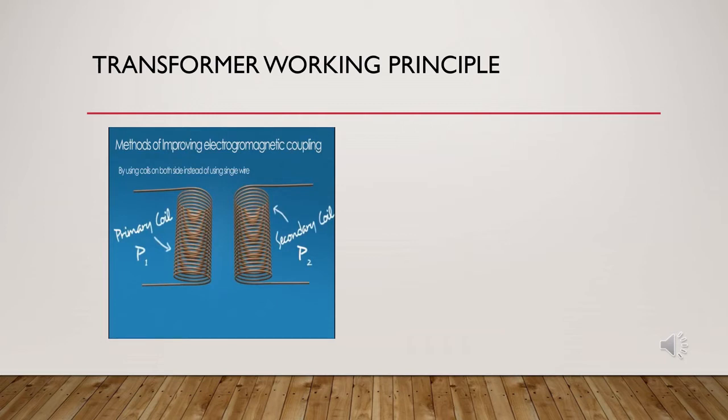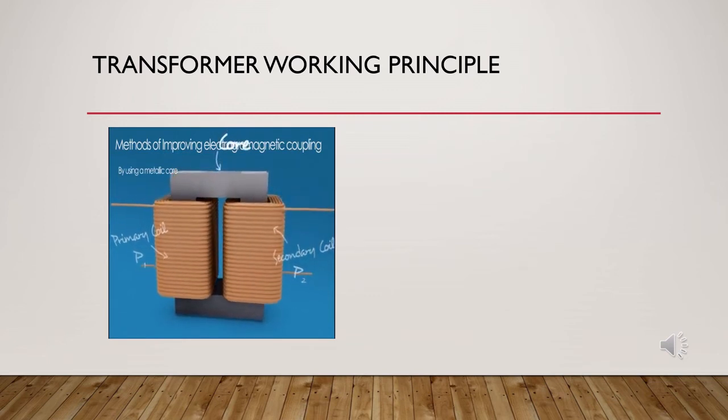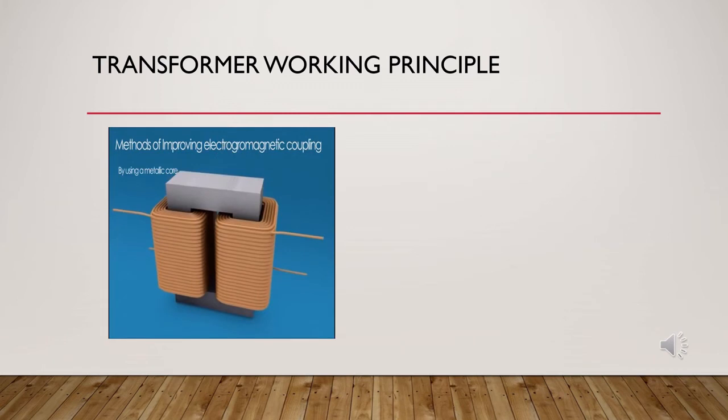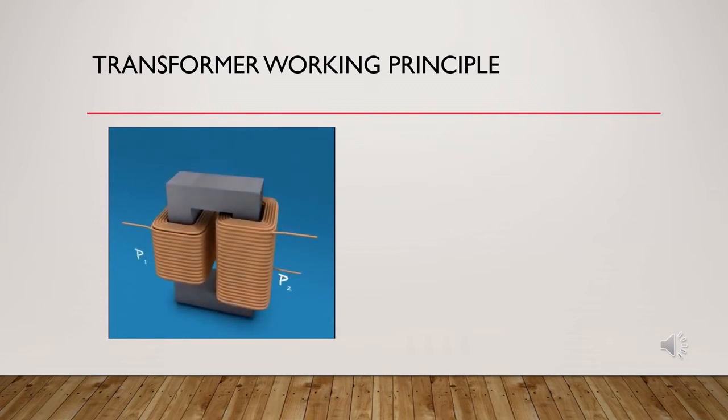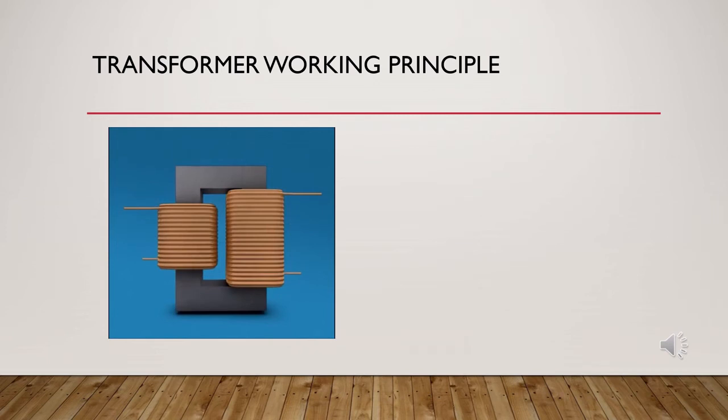Number 1: by using a coil on both sides instead of a single wire. This results in increase of flux. Number 2: by using a magnetic core between the coils, which gives a low reluctance path to the flux and improves magnetic coupling between the coils.